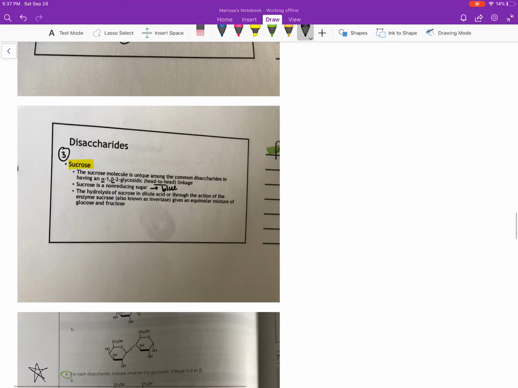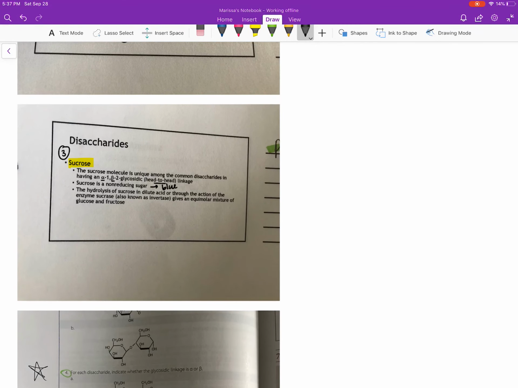Now, I should have drawn or put a picture of the sucrose in here. But sucrose is a combination of 1 glucose plus 1 fructose to make sucrose. And I'm going to do my best to draw this structure correctly and neatly, more importantly.